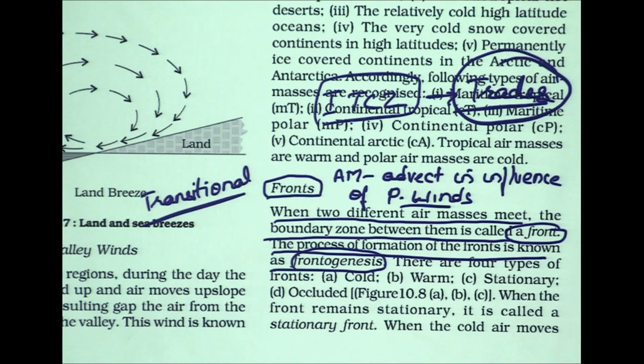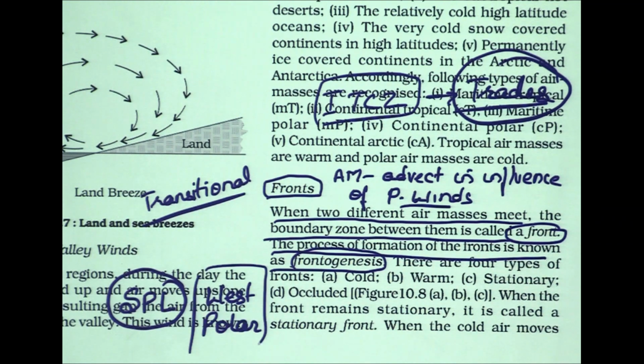Where do we develop front? We largely develop front at mid latitude. So mid latitude where we have subpolar low, where westerlies and polar winds tend to converge with each other. Reading it from NCERT now, there are 4 types of front called cold, warm, stationary and occluded. Brief definition is also given.